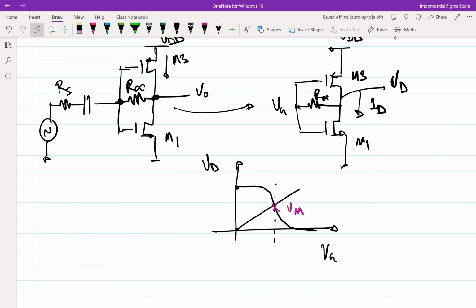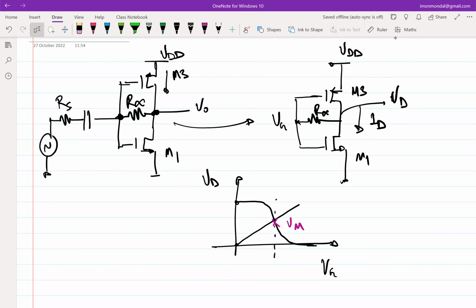What it boils down to is that no constant current source is setting the current; it is being set by the relative strength of M3 and M1. So if M1 or M3 increases in strength, these characteristics will move left or right.